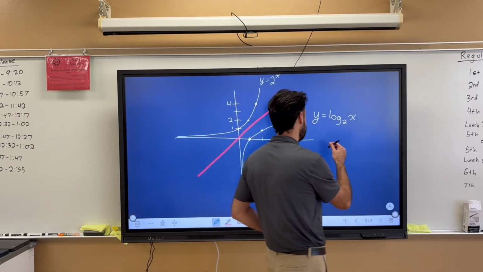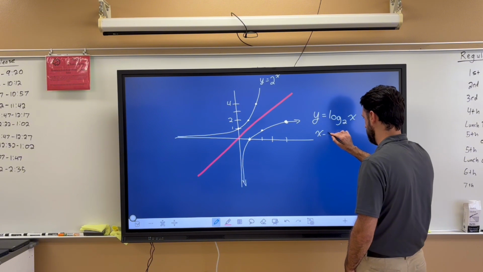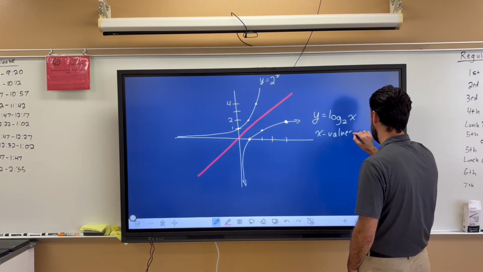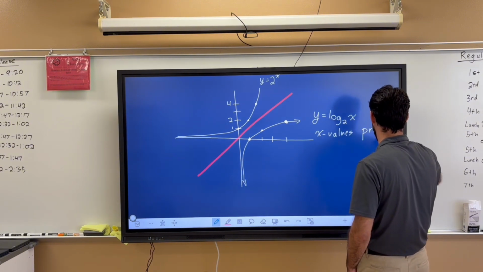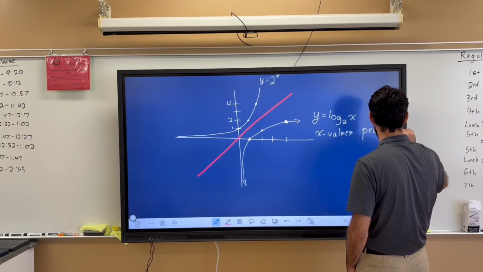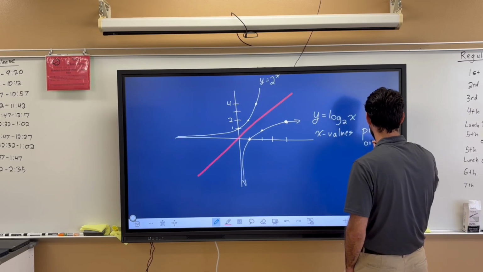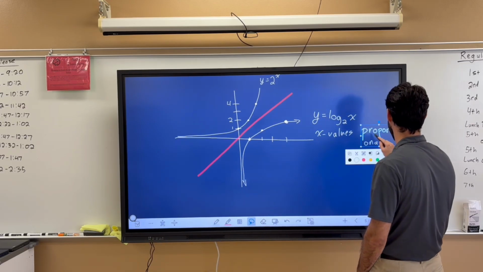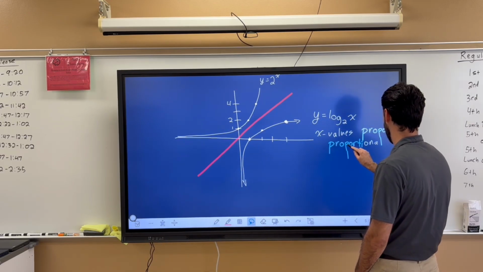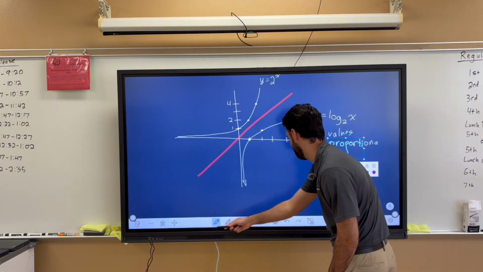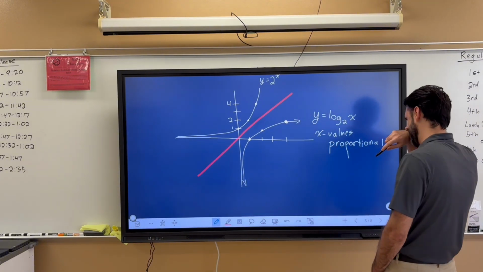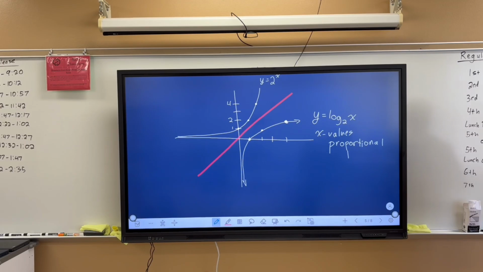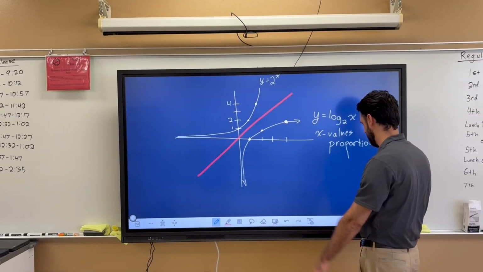With log graphs, it's the x values that are going to be proportional. The x values are proportional, not the y values anymore. So the x values are changing by multiplication.